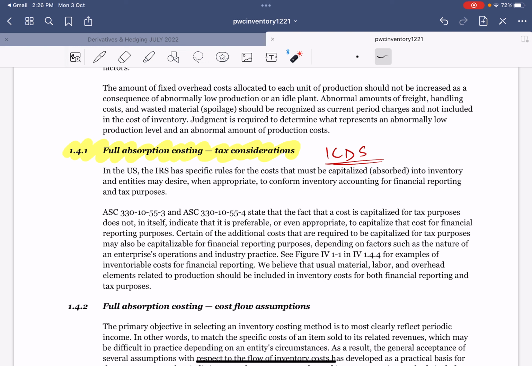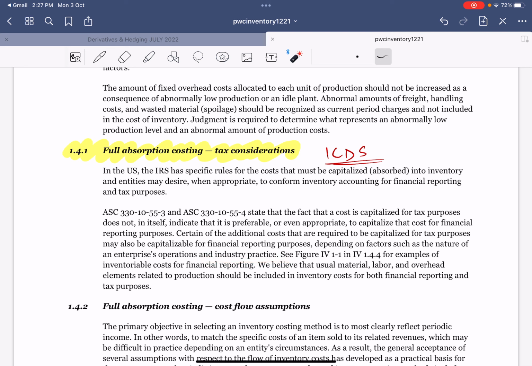Both can be different. Certain additional costs that are required to be capitalized for tax purposes may also be capitalizable for financial reporting purposes. Similarly, certain costs required to be capitalized for financial reporting may also be capitalized for tax, depending upon factors such as the nature of an enterprise's operations and industry practice.